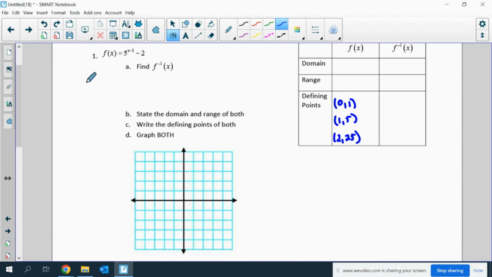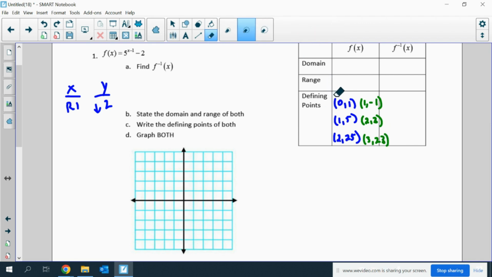And then what's happening is my x values are getting moved to the right 1. My y values are getting moved down 2. So if I rewrite these points, I'd be at 1, negative 1, 2, 3, and 3, 23. So I don't need the originals anymore.